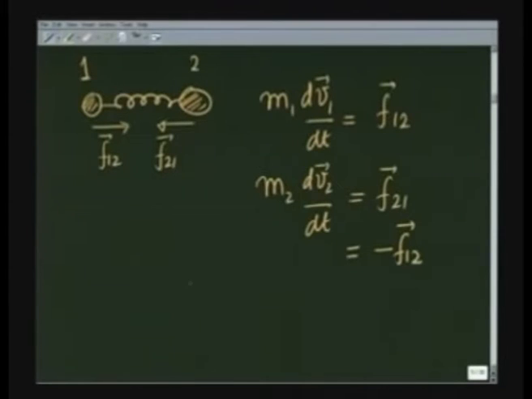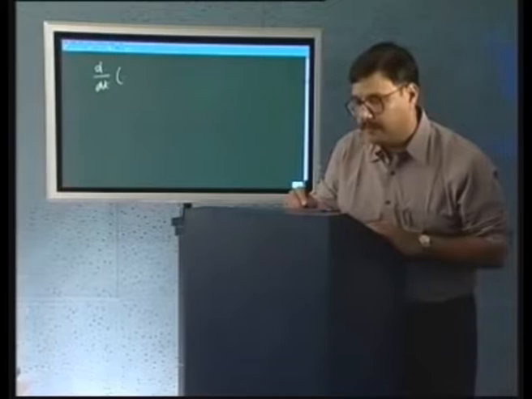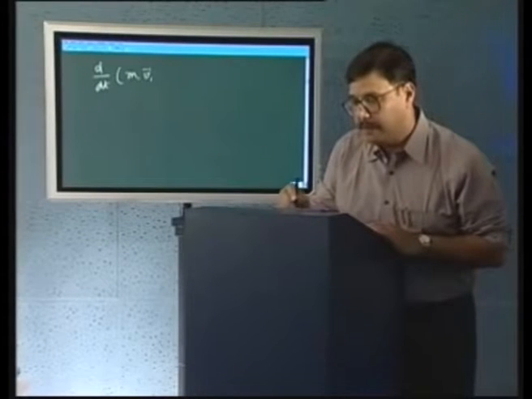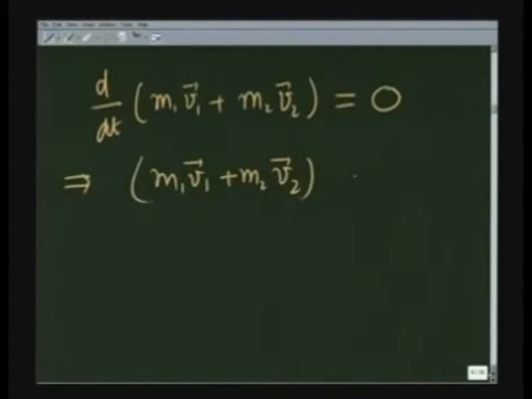If I add the two equations, I get d/dt of (m1 v1 plus m2 v2) is equal to 0, and what that implies is m1 v1 plus m2 v2 is a constant.